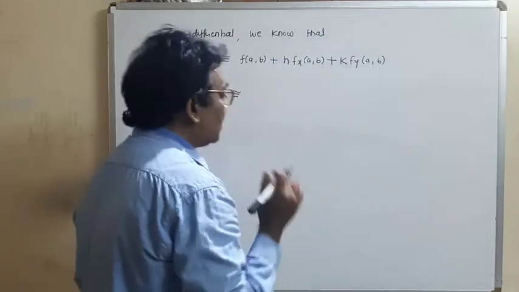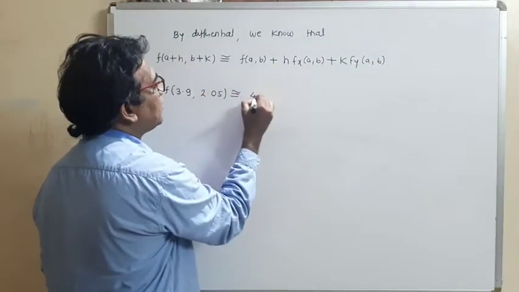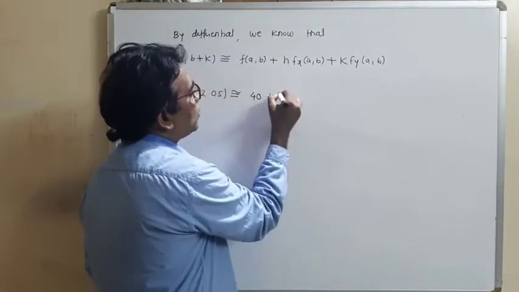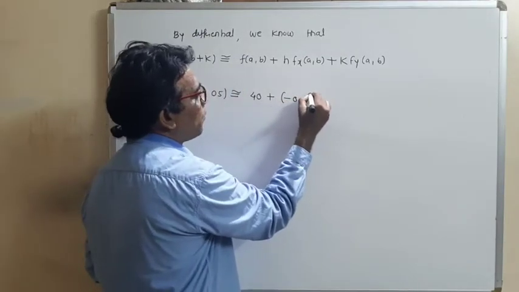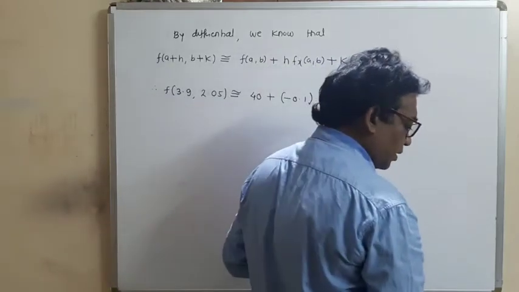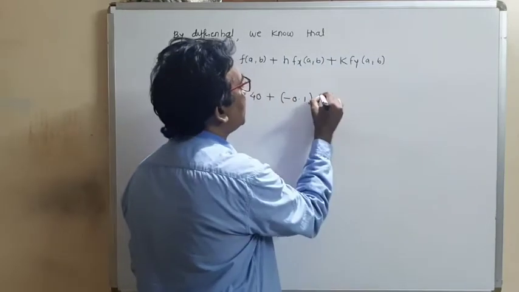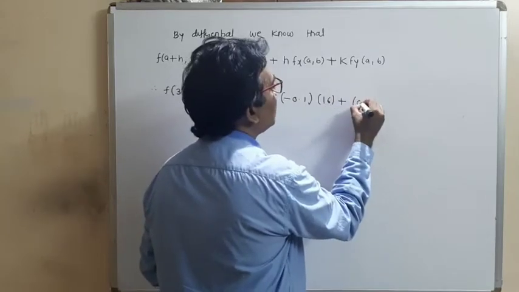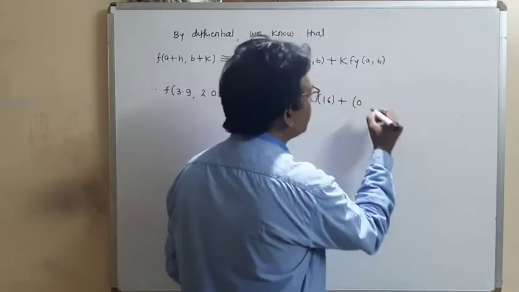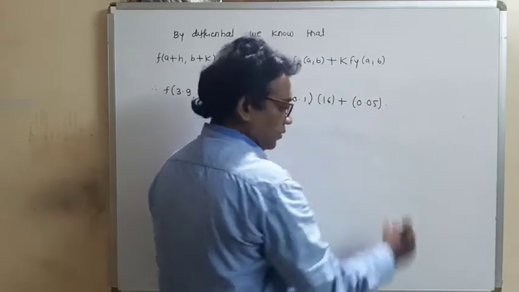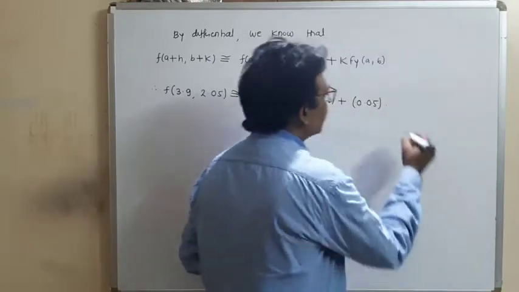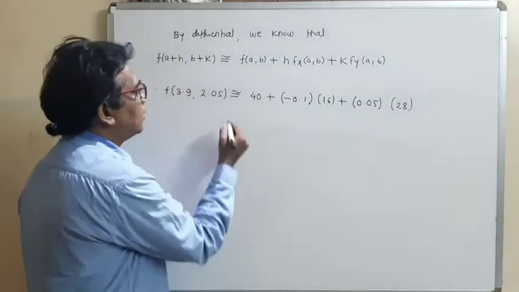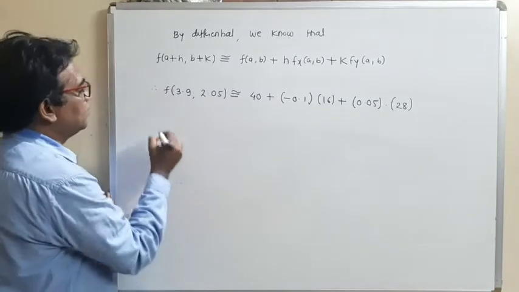This is approximately equal to f of ab, the value of f of ab is 40, the value of h is minus 0.1, fx at ab is 16, plus the value of k is 0.05 into fy, the value of fy is 28. So find out this approximate value.